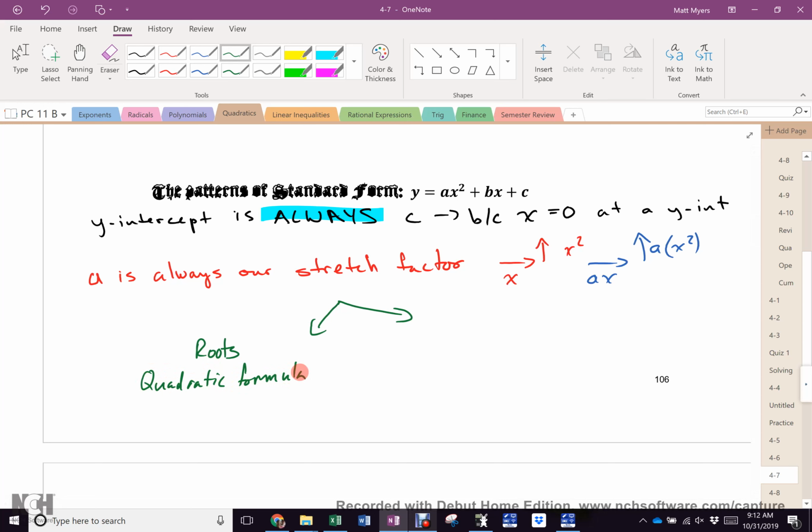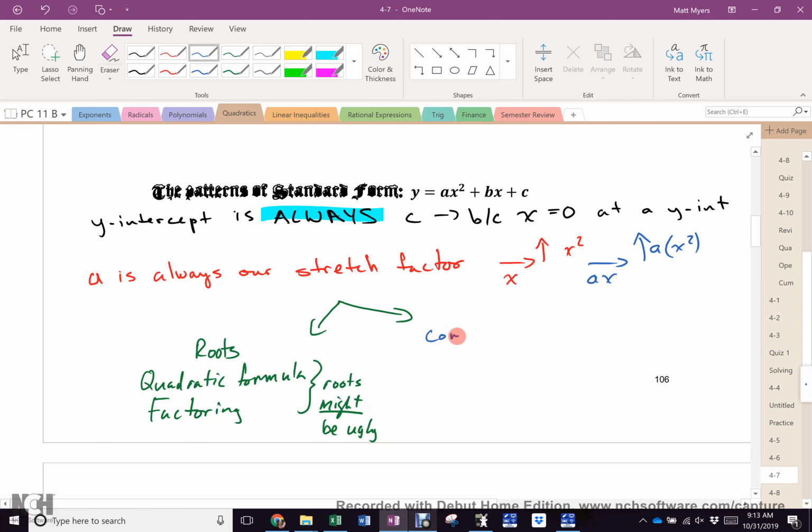Starts with an F, ends with a G. I can do factoring. Now, why is that a problem? The roots might be ugly, right? It's possible the roots are going to be yucky, like decimals or irrational square roots, yeah? So I've got to be careful about that.